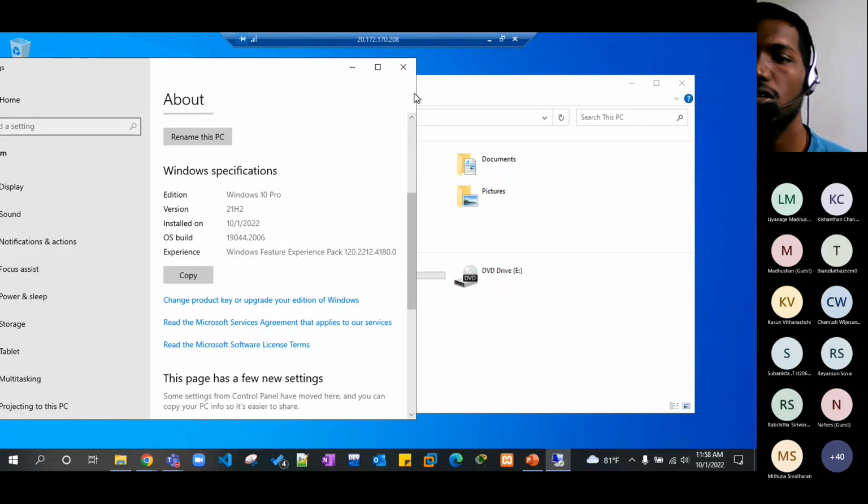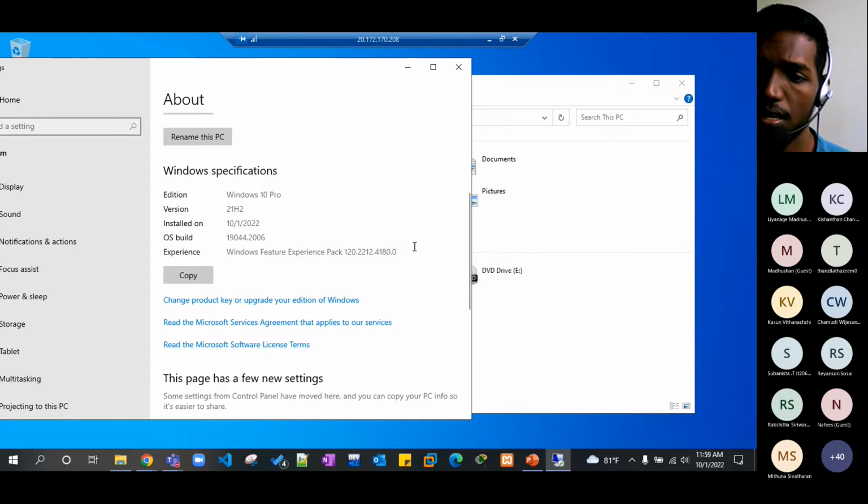If you want a higher configured server than this, you can purchase that one.